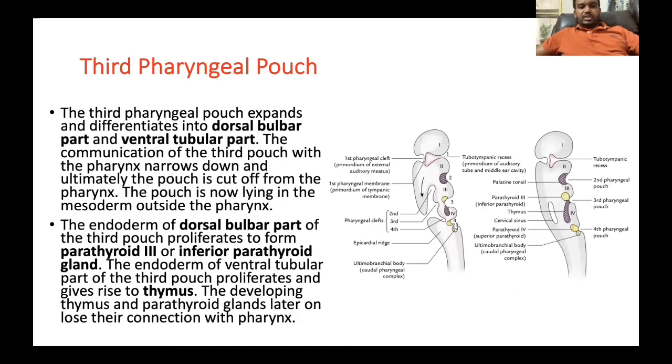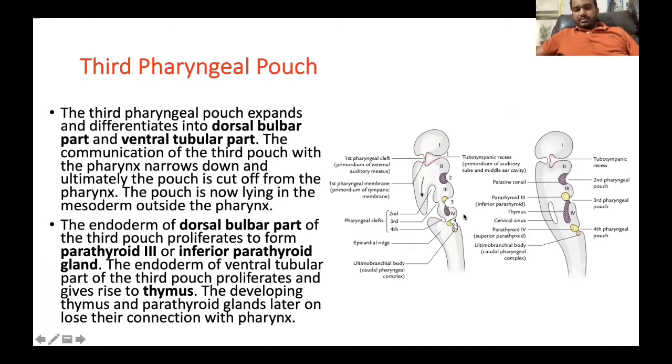The endoderm of the dorsal bulbar part of the third pouch proliferates to form the inferior parathyroid gland. The endoderm of the ventral tubular part of the third pouch proliferates and gives rise to the thymus.